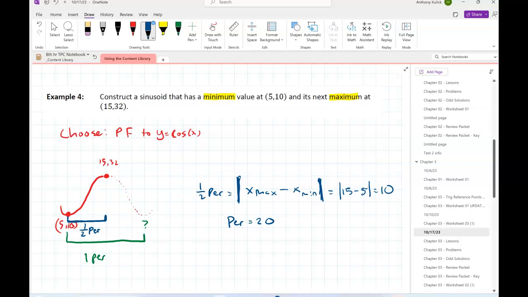Everybody agree? And I know that 1 period is 2 pi times the absolute value of c. So c is going to be 20 divided by 2 pi, or c is going to be 10 over pi, if I reduce that down. Again, I'm going to choose to make the c always positive there.